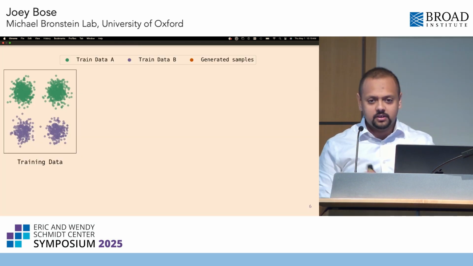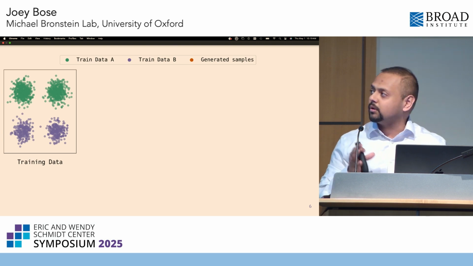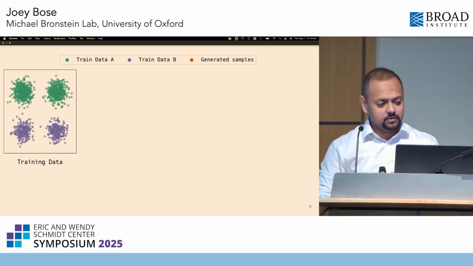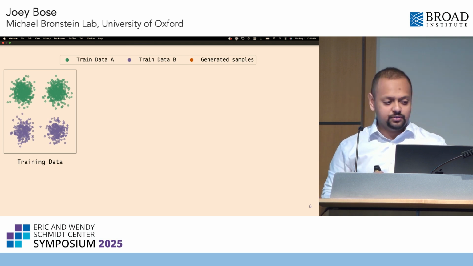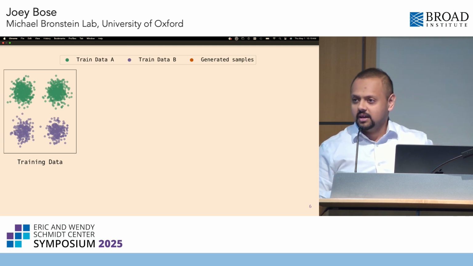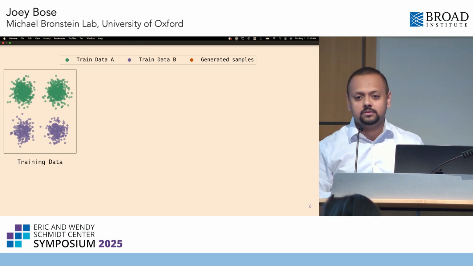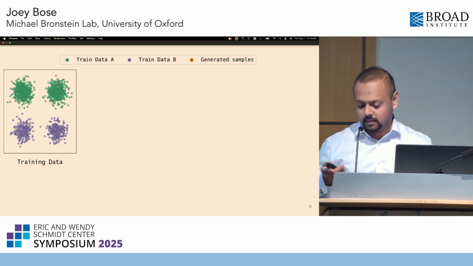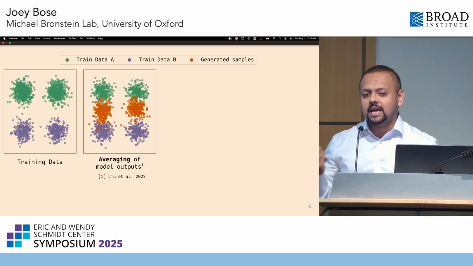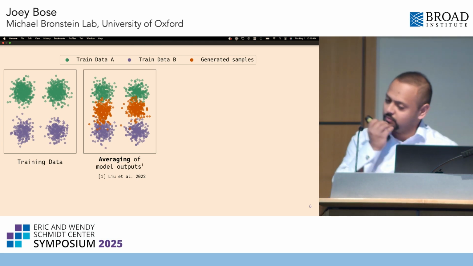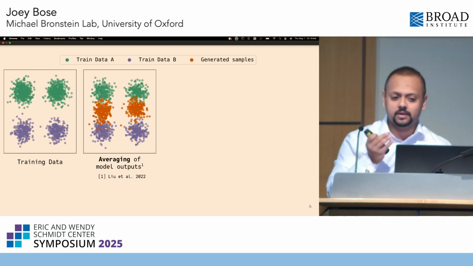To give a bit more of a pictorial overview, what could this look like? Imagine you have a data set as follows, where you have training data A and training data B in different colors. If you had diffusion models trained on each respective data set, you could ask how we would compose them. Naively, you could say, let's just average the outputs of the models. But if you did that, you'd get something in the middle like this, where the orange points are generated samples.